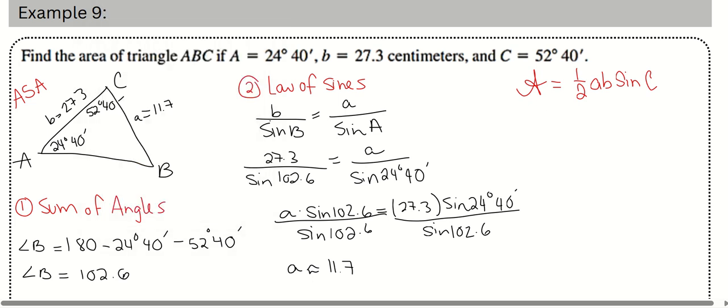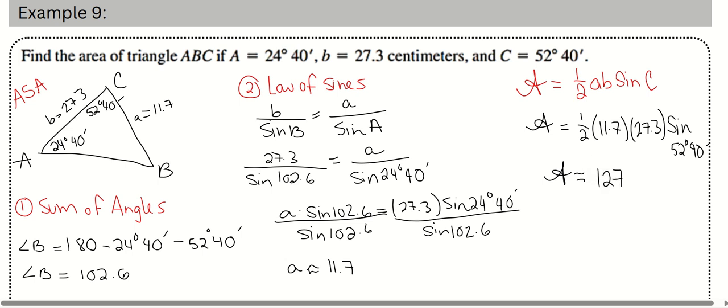So the area is equal to 1/2 a, which happened to be 11.7, b, which happened to be 27.3, and c, which happened to be 52 degrees and 40 minutes. So the area, using our fancy phones and fancy calculators, should give us 127 centimeters. Don't forget that. And a centimeter squared.